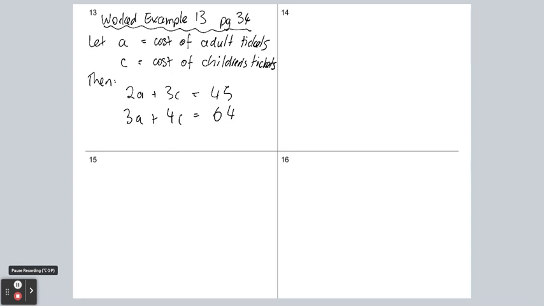As usual in the elimination method, we now need to make one of the variables' coefficients agree with each other. You could choose to make the c coefficients agree or the a coefficients. If you haven't done it already, you should number your equations. I'm going to come up with 2 new equations: equation 1 multiplied by 3 and equation 2 multiplied by 2, aiming to have the a coefficients agree.